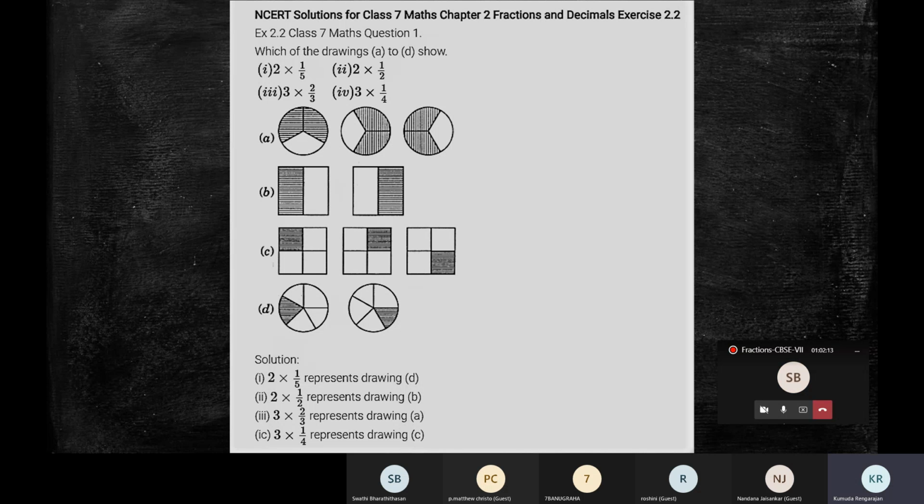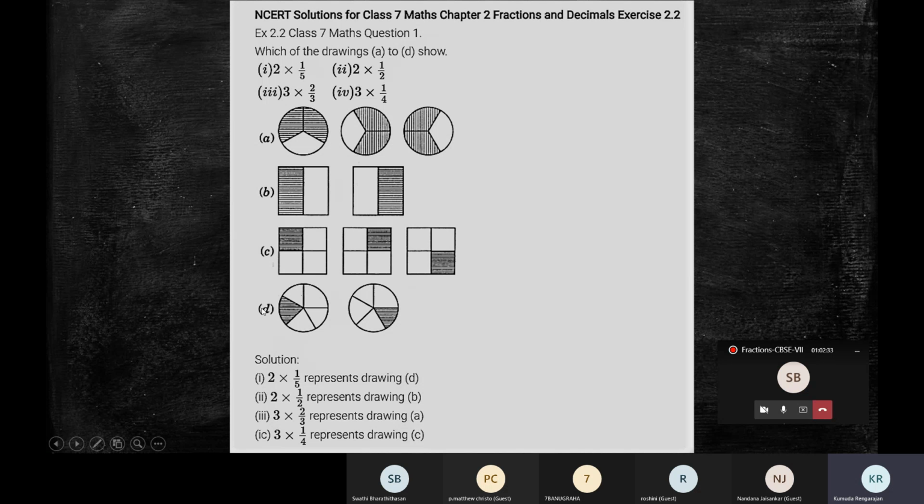I'm just pausing so that you can read the question, see what's given, and recall what we understood now. 1, 2, 3, 4 is given to you.